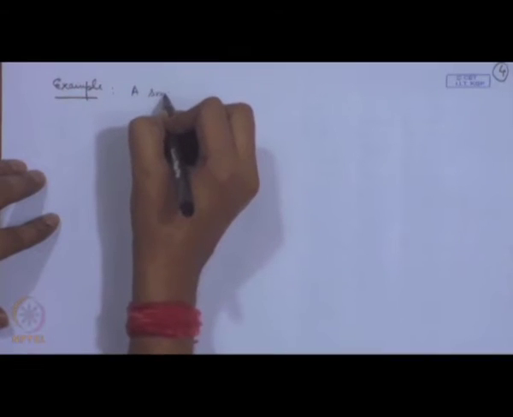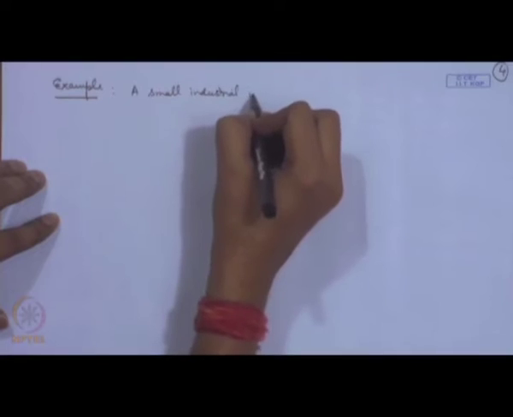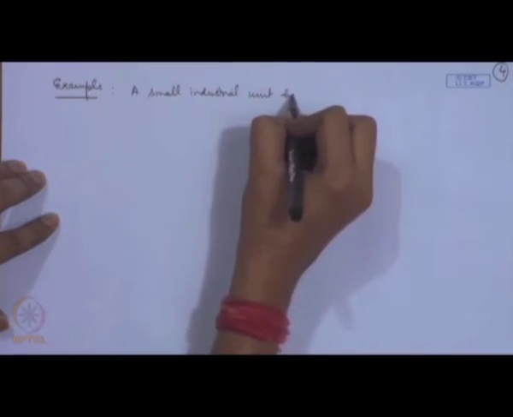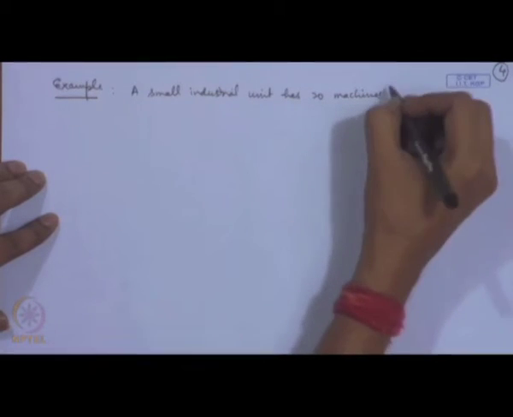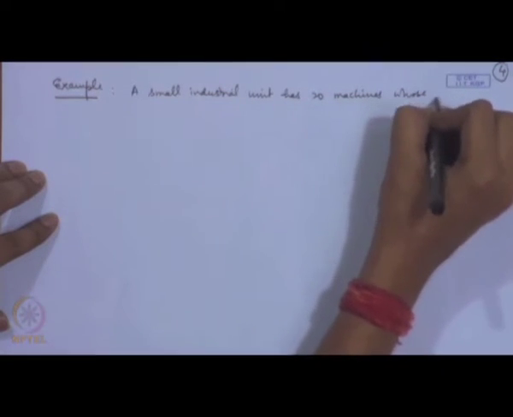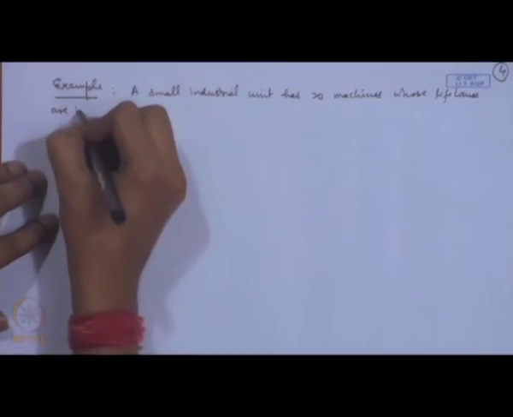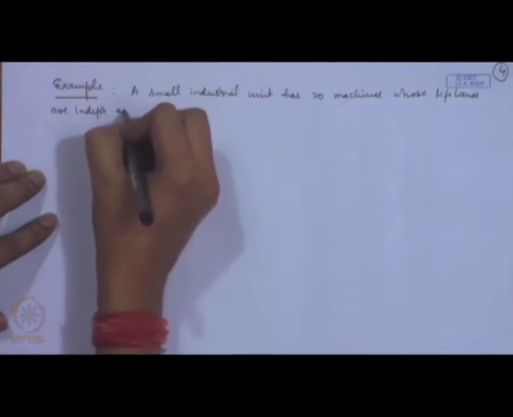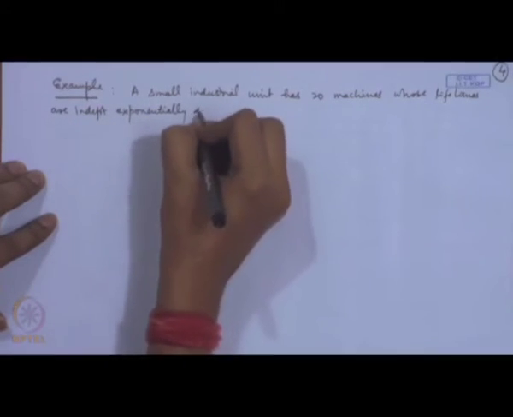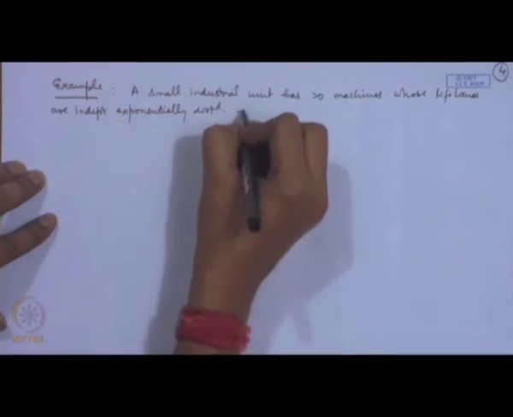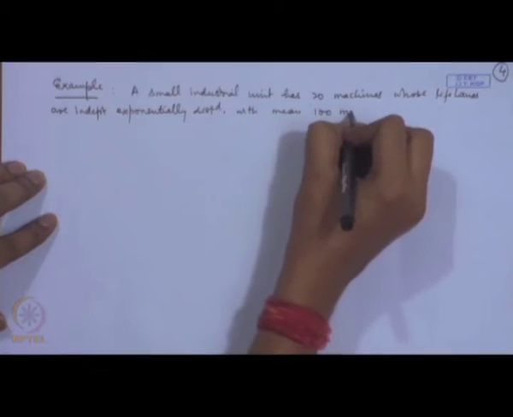A small industrial unit has 20 machines whose lifetimes are independent, exponentially distributed with mean 100 months.